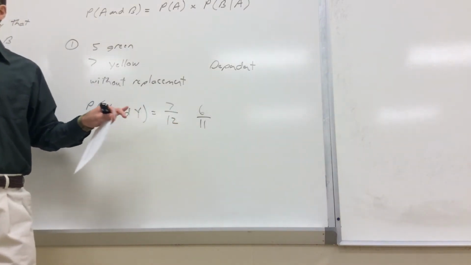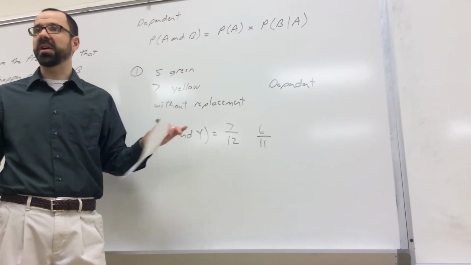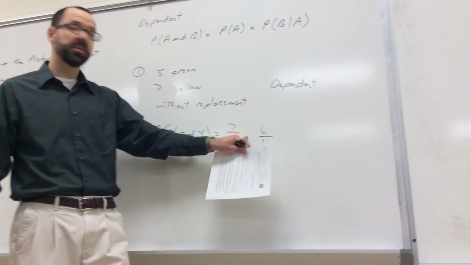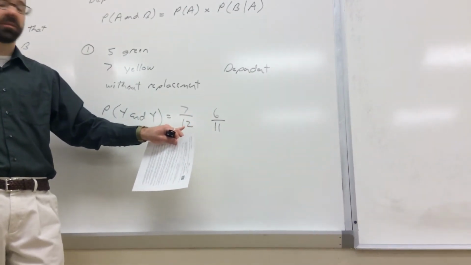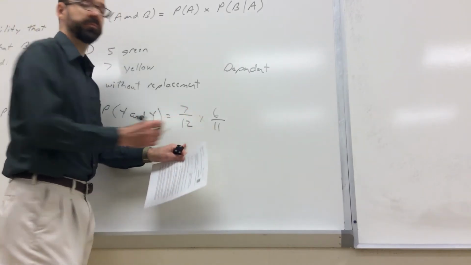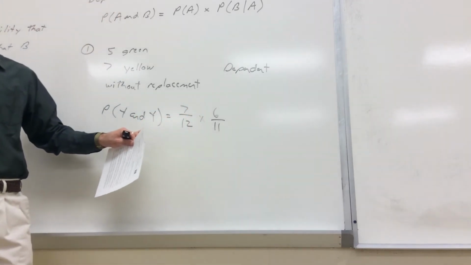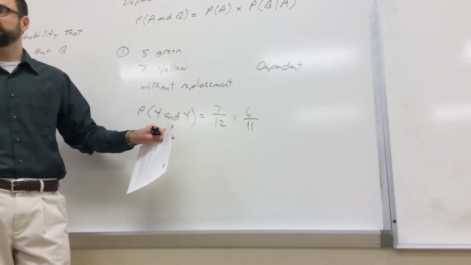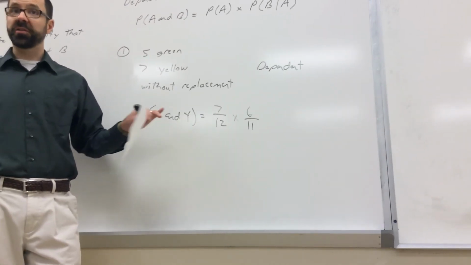Now, how do you figure out the chances of getting a yellow both times? What do you do here? Multiply them together. Good. So that's another new concept today.